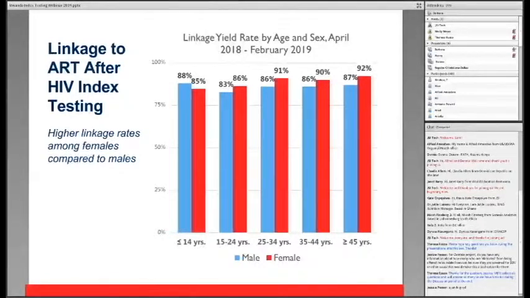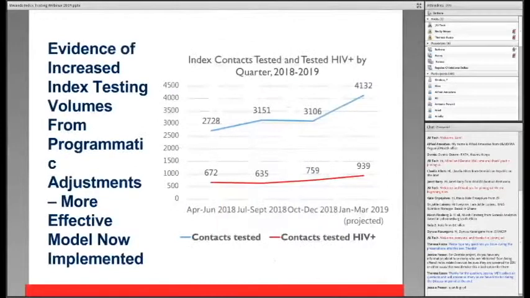Although indeed, in this particular setting of index testing, the males are not doing so badly compared to maybe voluntary counseling and testing, mobile counseling and testing, and so forth. Basically because we see that generally across all age bands, even the males are actually over 80%. And most of these statistics actually show us above 85%.